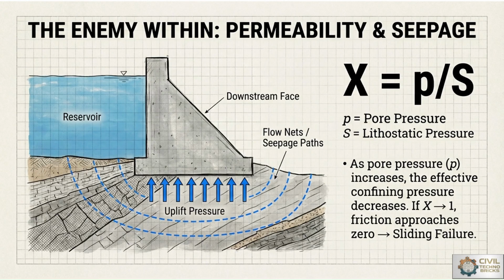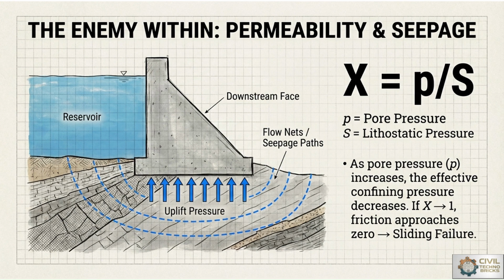With reference to percolation activity, the water stored in the reservoir percolates through seepage, and if that seepage flows, as shown in the blue line along the flow nets or seepage paths, then there will be a huge disaster for that dam site.